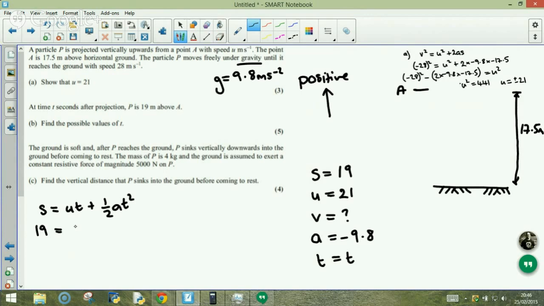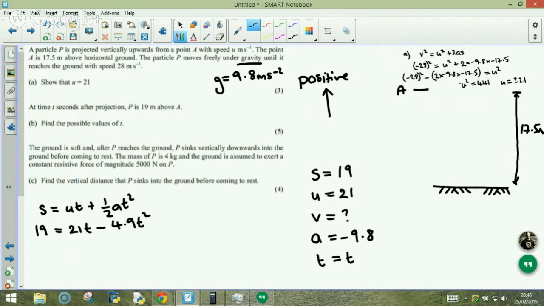19, 21T, and then a half times minus 9.8, so minus 4.9T squared. What I'd like to do is just make it a positive quadratic.